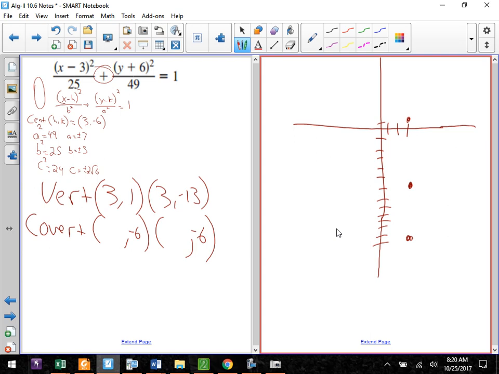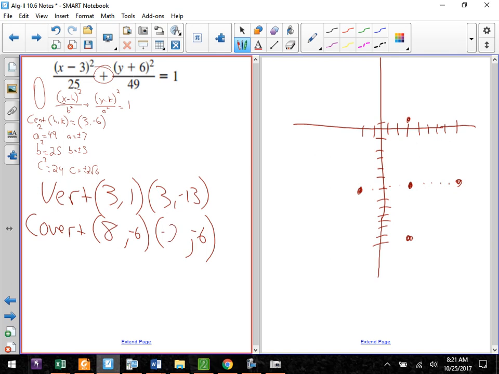So we have to go left and right 5. So that's at 8 and -2.